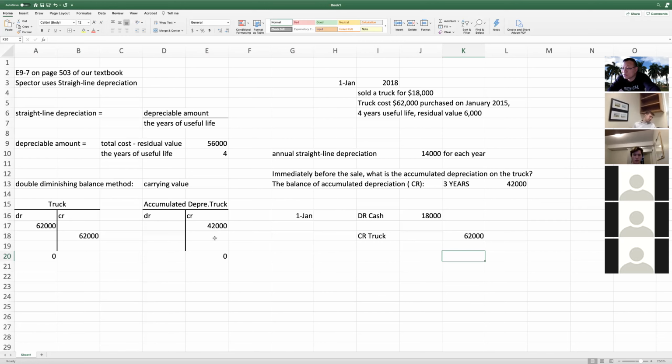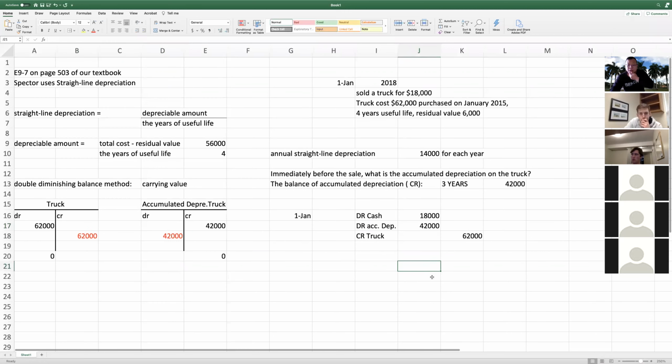In order to make this account 0, you need a debit to accumulated depreciation, and this would be 42,000, right?